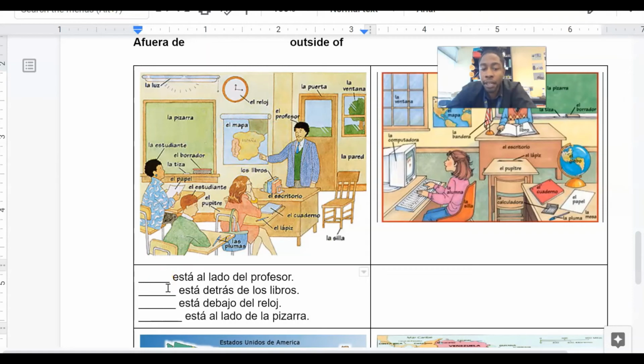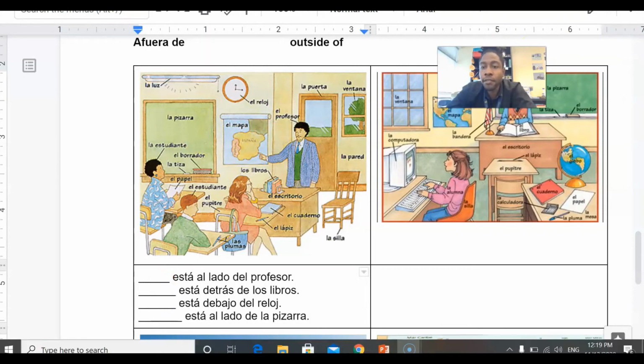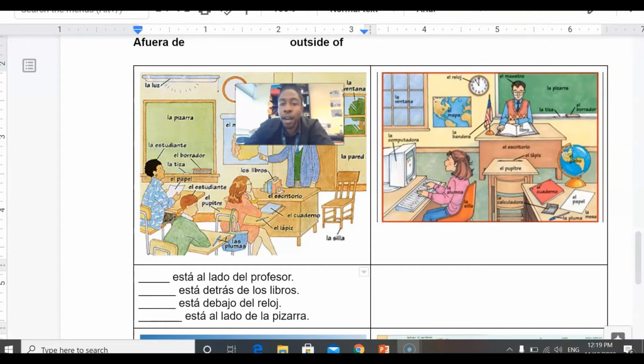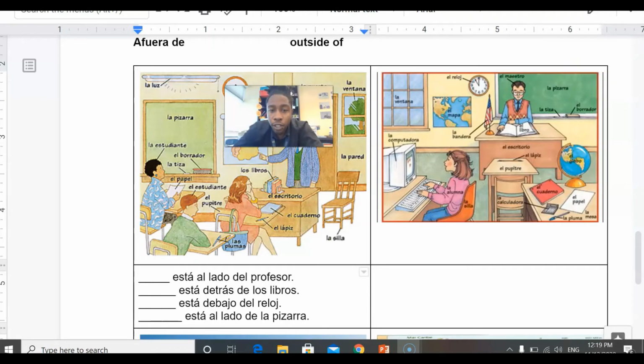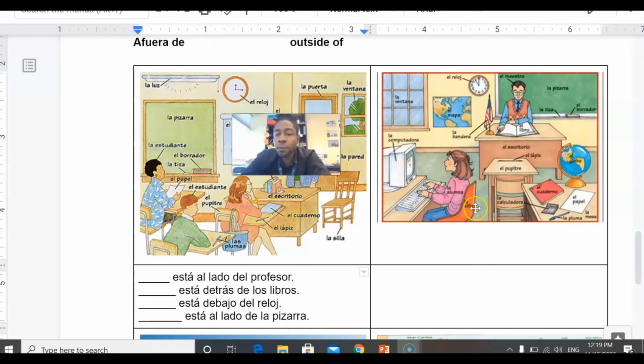So in each of these blanks, we might have el mapa. And this is a very good way to describe where things are and to be able to use your directional adjectives in a way that will help you out. So let's try this again. This time, I'm going to talk about la ventana. La ventana.